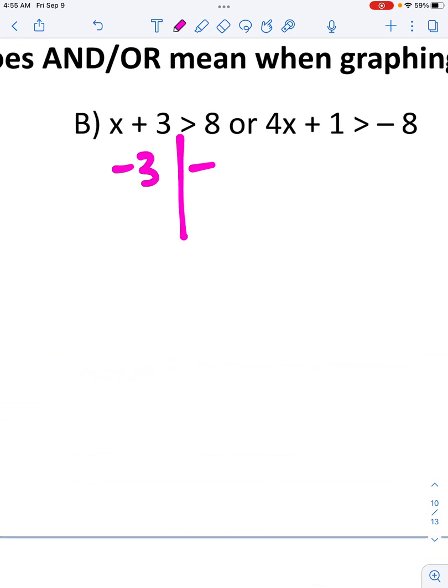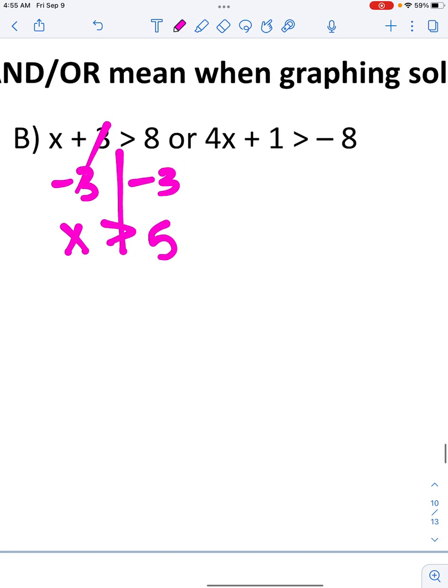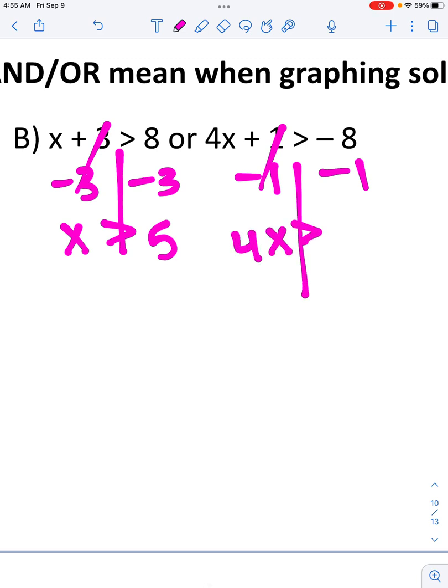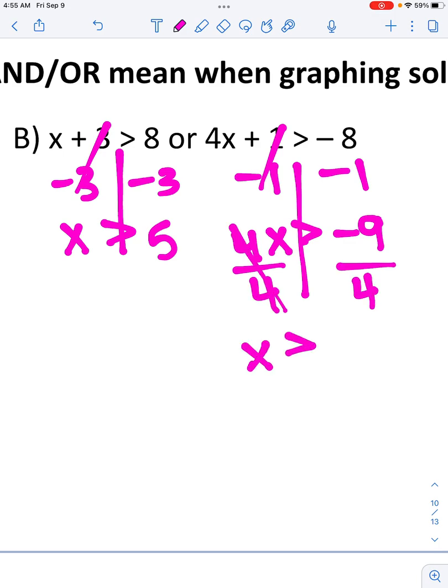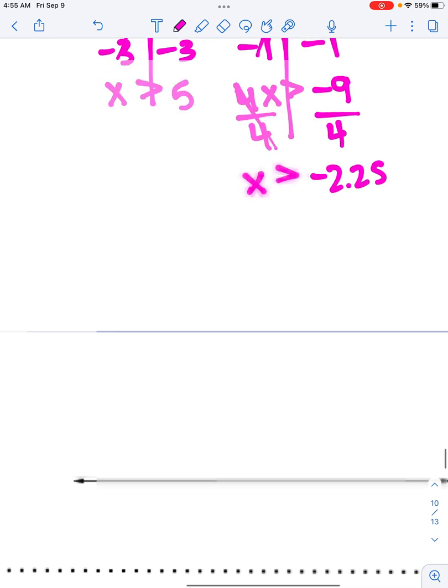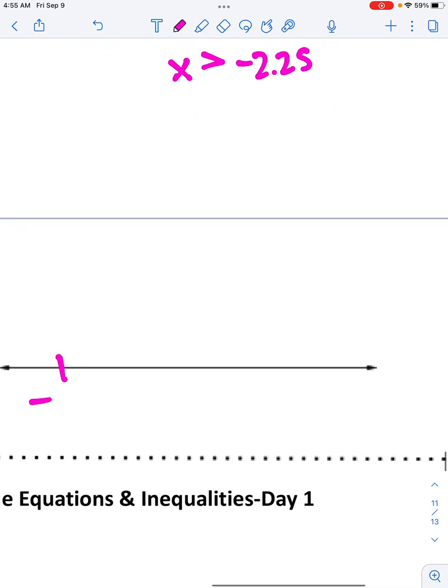Let me do this real quick. So minus 3, 5, and then minus 1. So 4x is greater than negative 9. And we're dividing by a positive, so I leave the symbol. So this one's an "or". So we have negative 2.25 and positive 5.